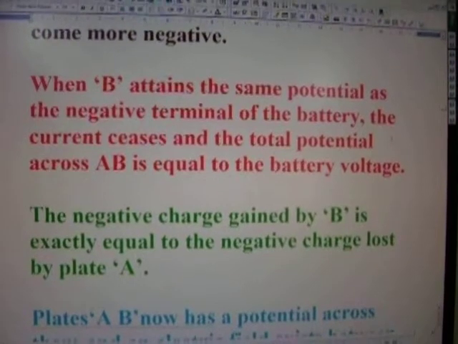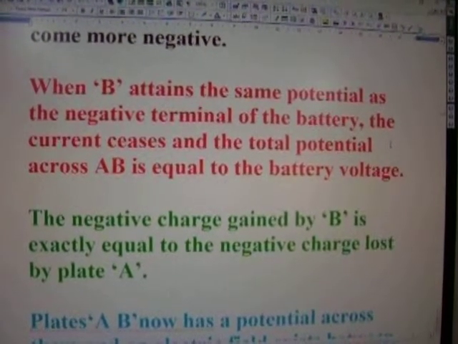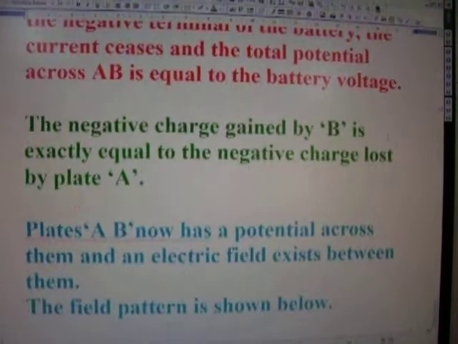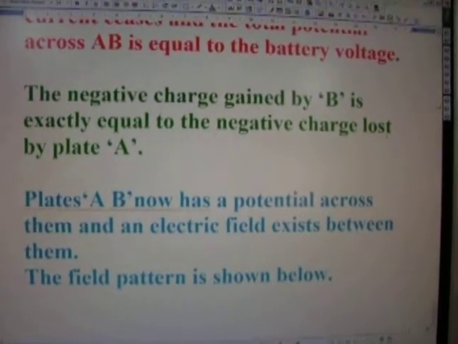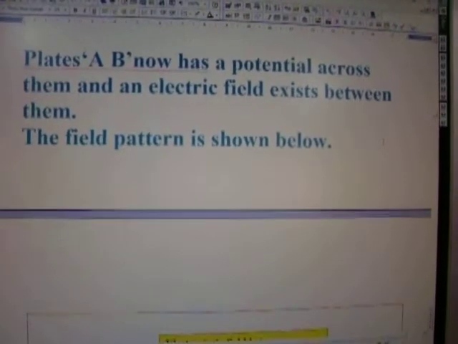It tells you here exactly what is what and what effect happens to plates A and B. Draw it out for yourself, get a better understanding of those plates.